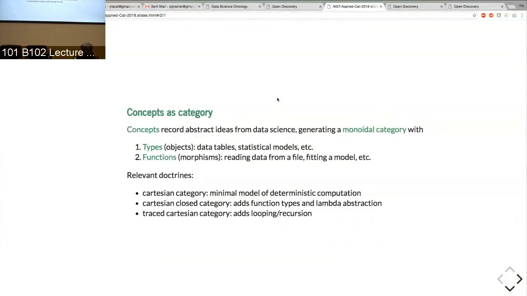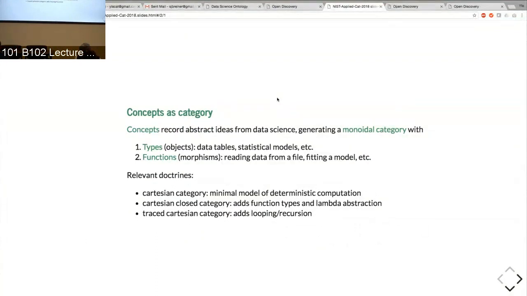Like any such category, there are two kinds of things in it. There are types or objects, which represent the kinds of things that exist in the domain of data analysis, such as models and data tables, and there are also functions or morphisms, which represent the kinds of things you can do in data analysis, such as reading data from a source, fitting a model to data, computing predictions on new data, and so forth.